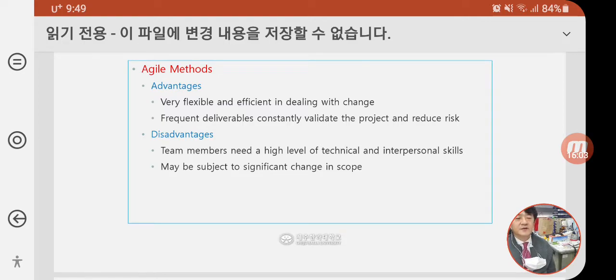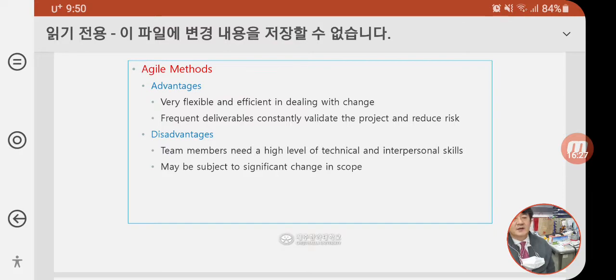The Agile method has some advantages. This method is very flexible and efficient in dealing with change, and frequent deliverables constantly validate the project and reduce risks.